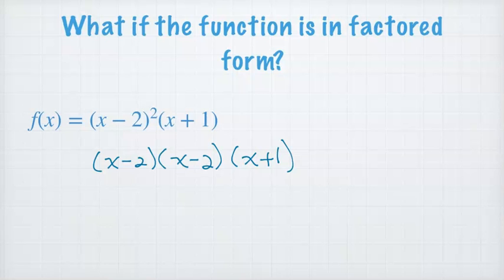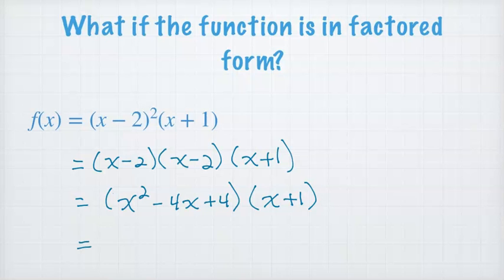If I wanted to put this in standard form, I'd have to multiply all this out. I'd have to distribute it. When I do that, I get something like (x squared minus 4x plus 4) times (x plus 1). And then if I were to multiply this binomial with this trinomial, can you convince yourself that the highest term would be x cubed?